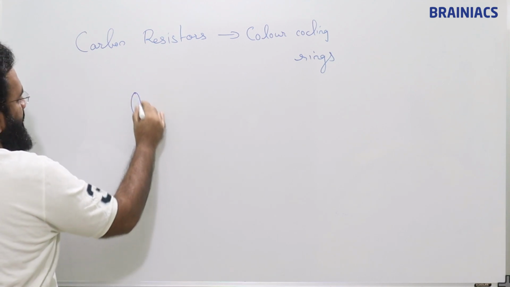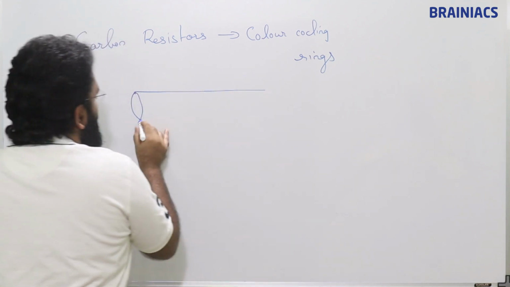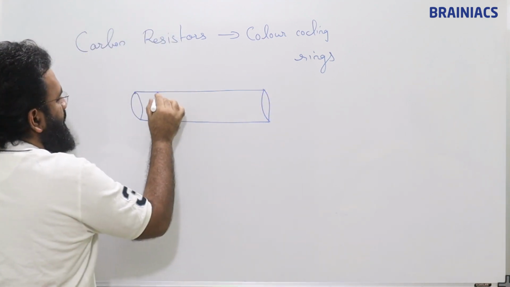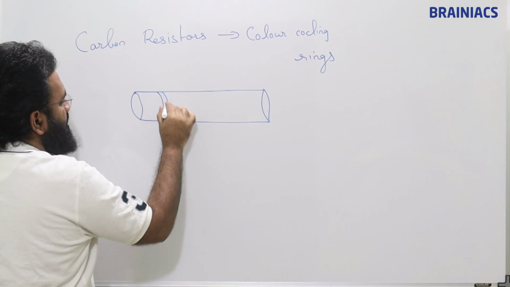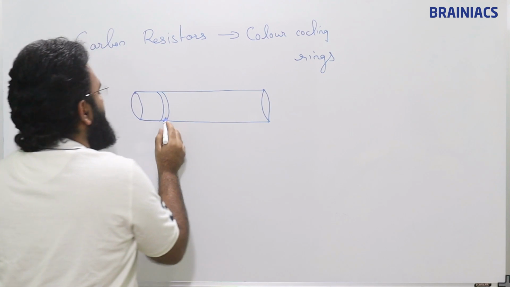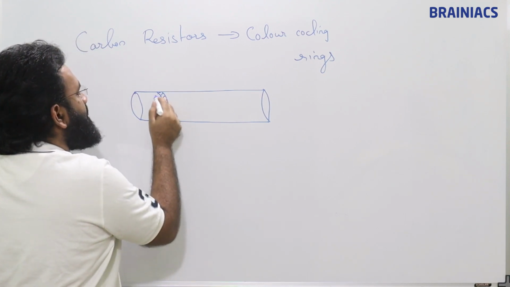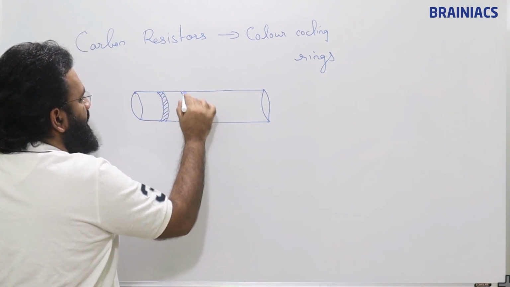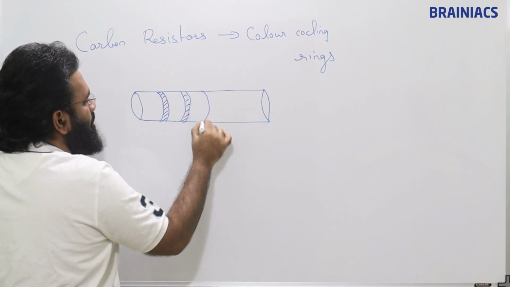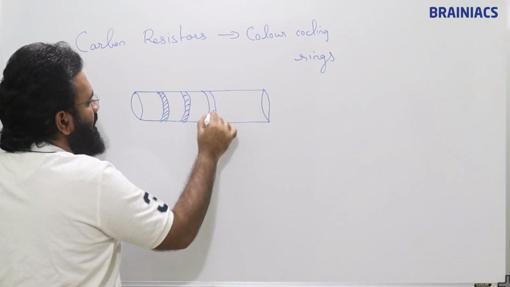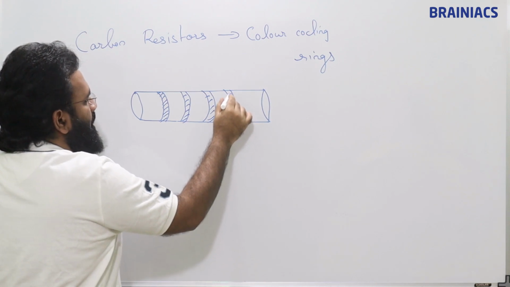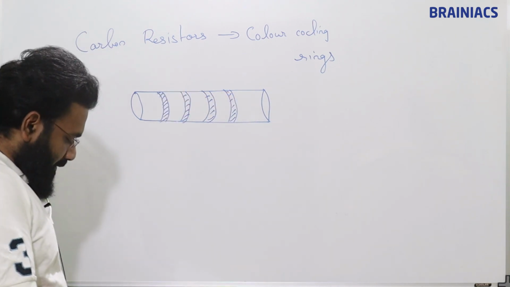Say for example, if you have a resistance like this, we will have one color band or color ring, this will be another color, this will be another color, and there will be a fourth band or fourth ring. So different colors will be there.